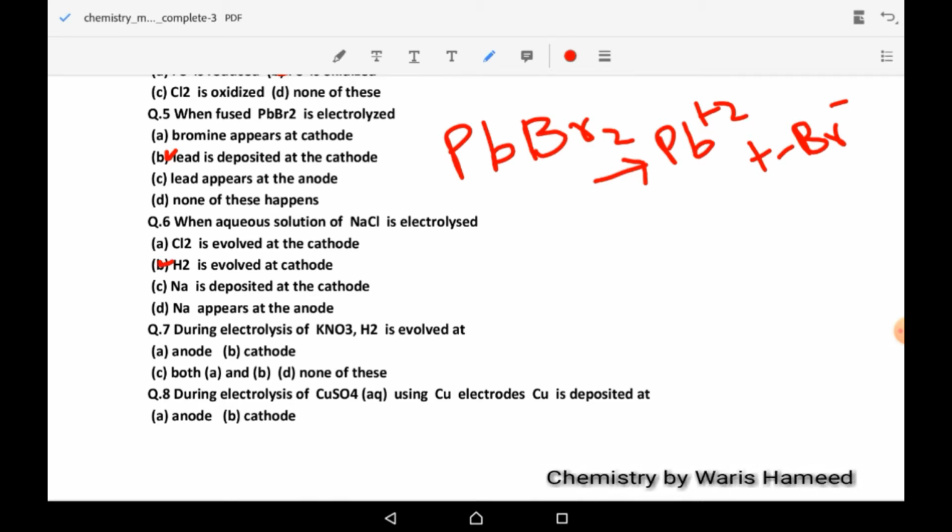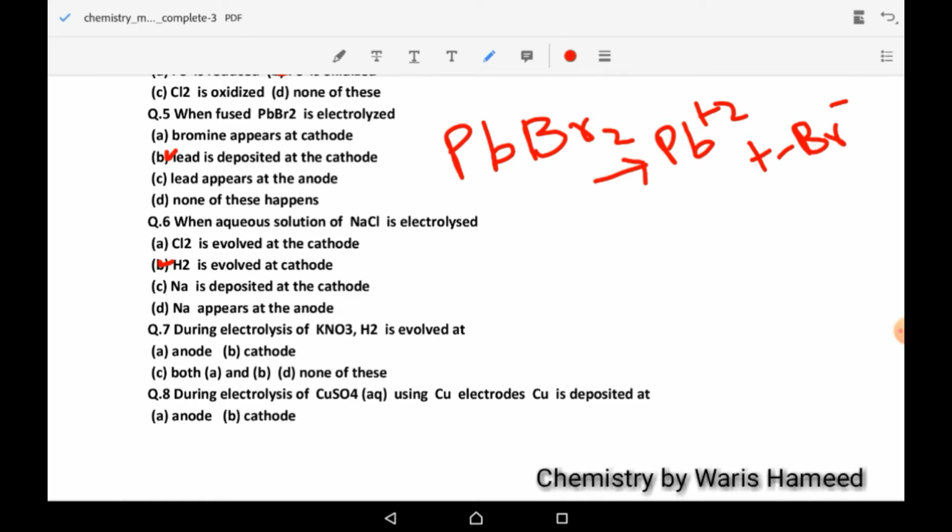During this reaction, water also ionizes into H positive and OH negative, and H positive moves towards the cathode and will form hydrogen gas.